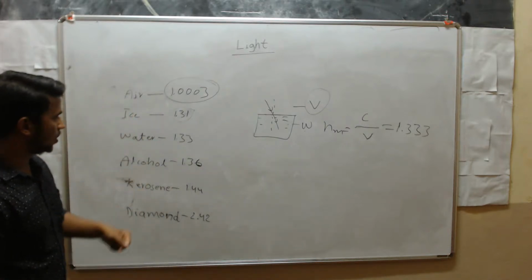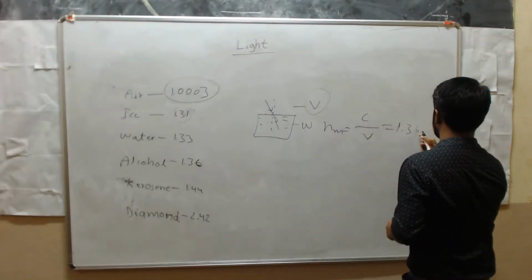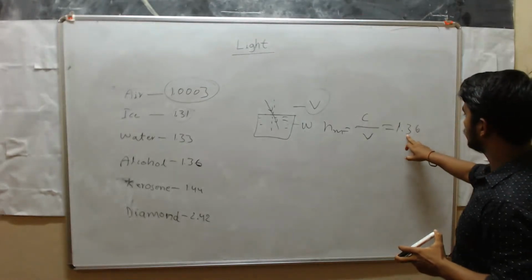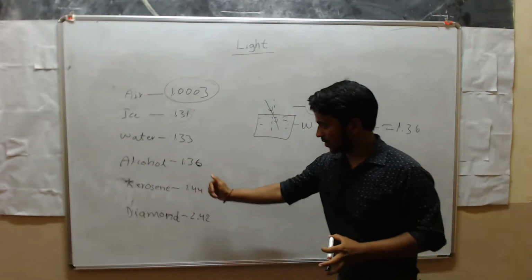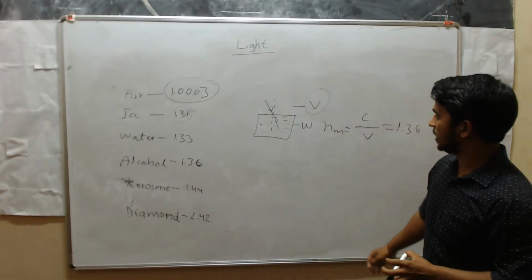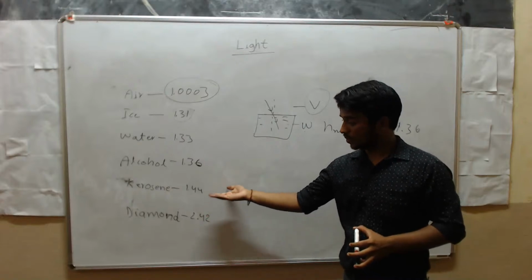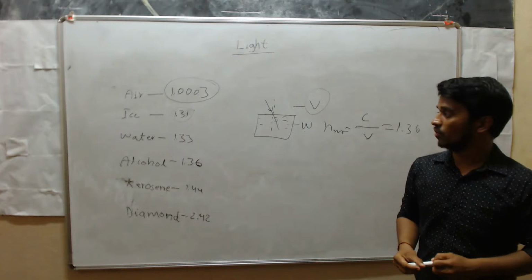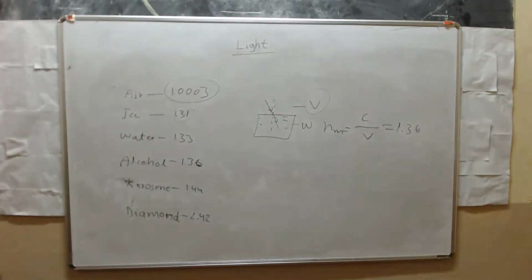Next, alcohol, that is 1.36. So here also we can say that the speed of light is 1.36 times slower than the speed of light in vacuum. If you take kerosene, 1.44, the speed of light is 1.44 times slower. Okay. Hope you got what the refractive index is.